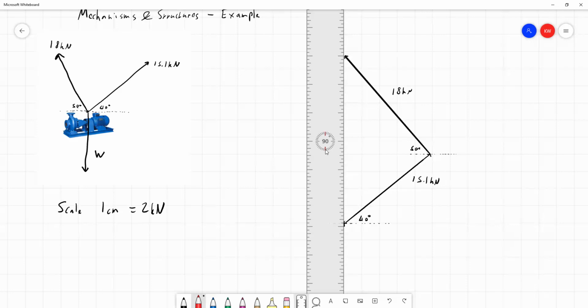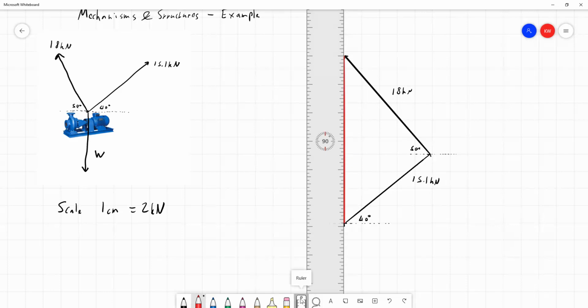So we complete our triangle of forces, because remember, this scenario is that the pump is suspended, it's not moving up, it's not moving down, it's not moving side to side, it's just sitting there waiting for a force to be removed or applied to lower or raise it, but currently it's sitting still. We should come back to our starting point. This tells us there's no overall direction, it's just completely balanced.